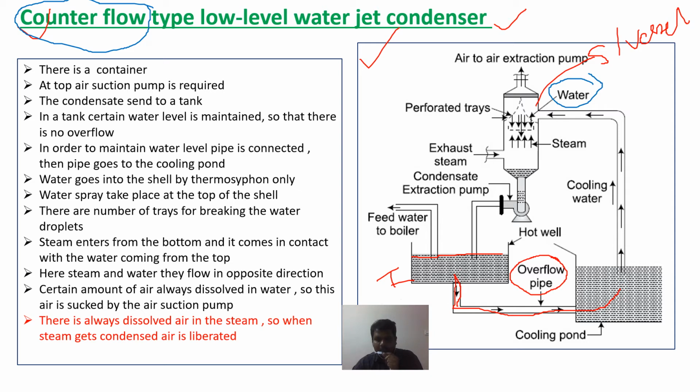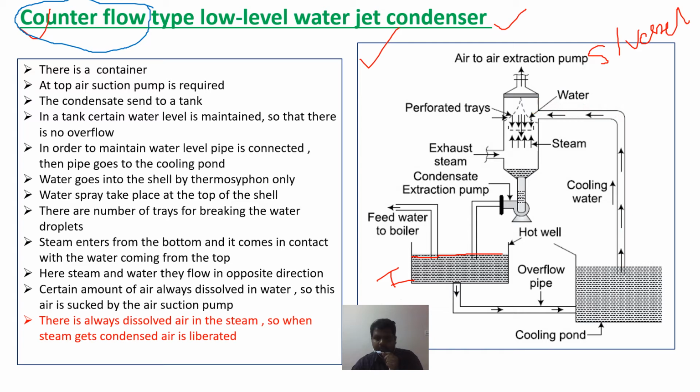This cooling pond already has water. That water will be sent to the vessel. Here the flow of water into the vessel is by thermosiphon only. Once we suck the water, automatically without any help of a pump, this water will enter the vessel.